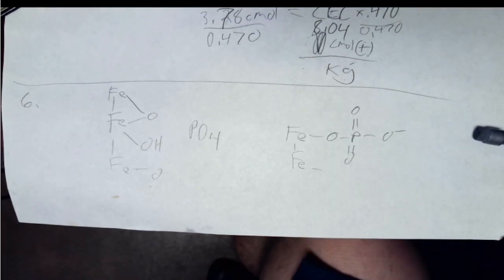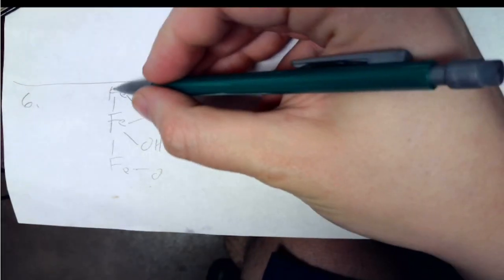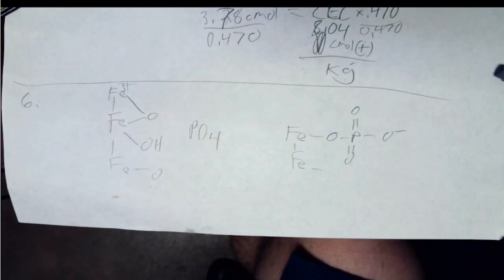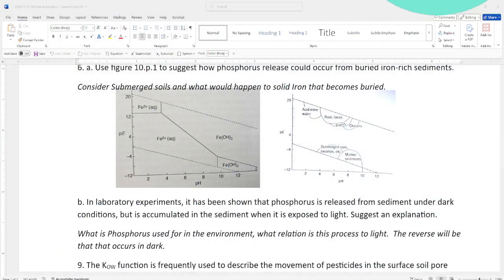Now, this occurs in iron 3 plus, or insoluble iron 3 plus. Now, going back to my Word document so we can see this.